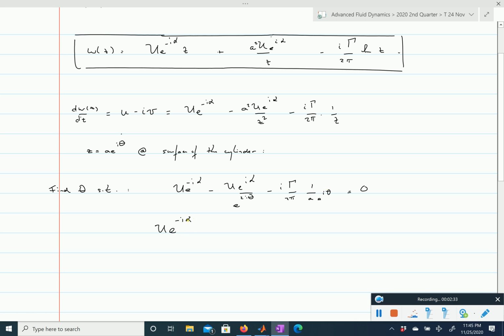So this is going to be i theta minus alpha, minus, here I have a U exponential i alpha. If I multiply by exponential i theta here, I'm left with exponential minus i theta minus alpha. And here I'm just left with i gamma divided by 2 pi a, which I can put on the other side. So this is equal to i gamma divided by 2 pi a.